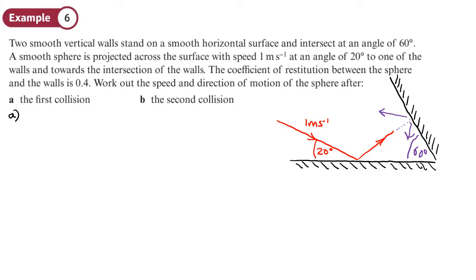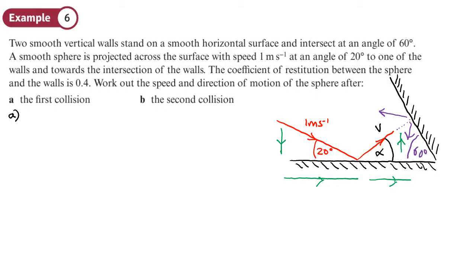So for the first collision, we want the two components here, here, and here. So we will call this V, and we will call this angle alpha.